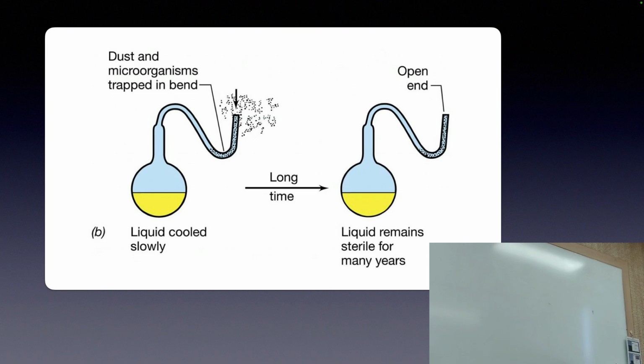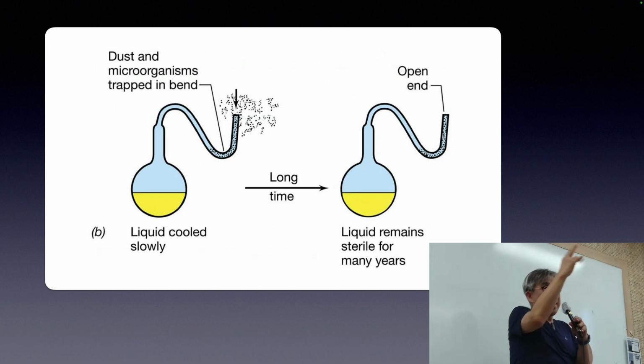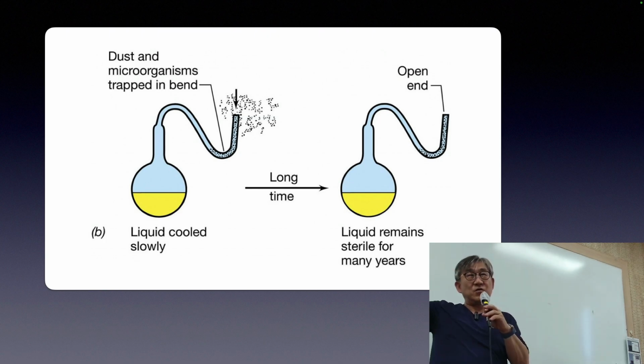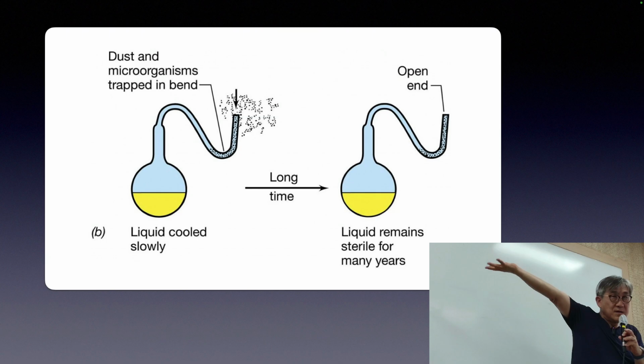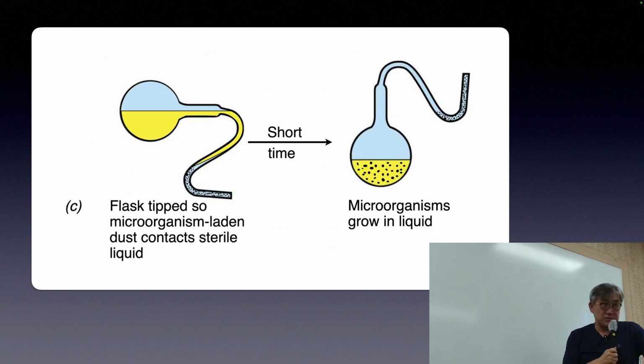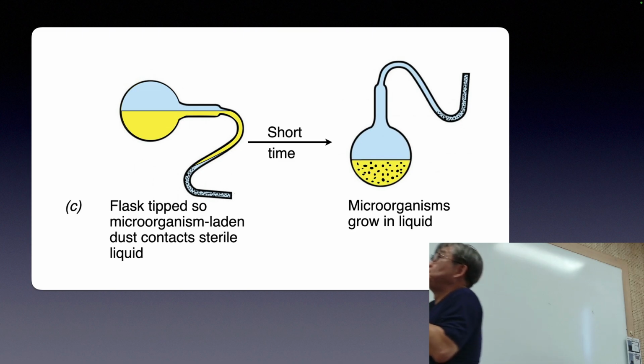Then you will make a big difference in the result of the experiment. Then you will be able to show, see, this is the contaminant source, which was not present at first. So that is the reason why he had this S-shaped long flask, and also left this opening wide open to the outside contaminant.